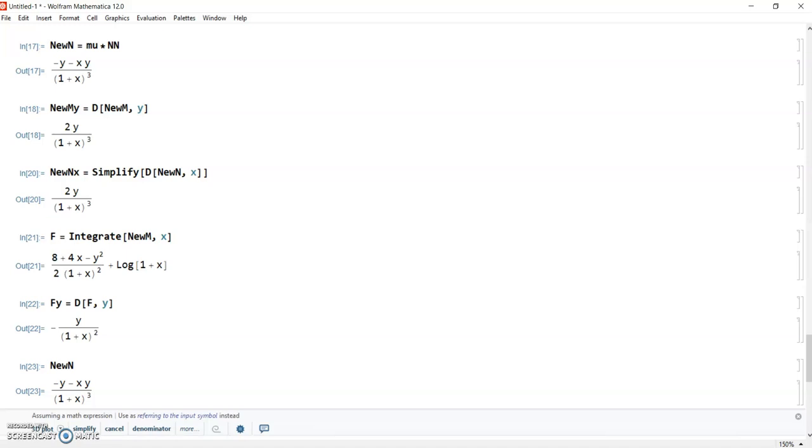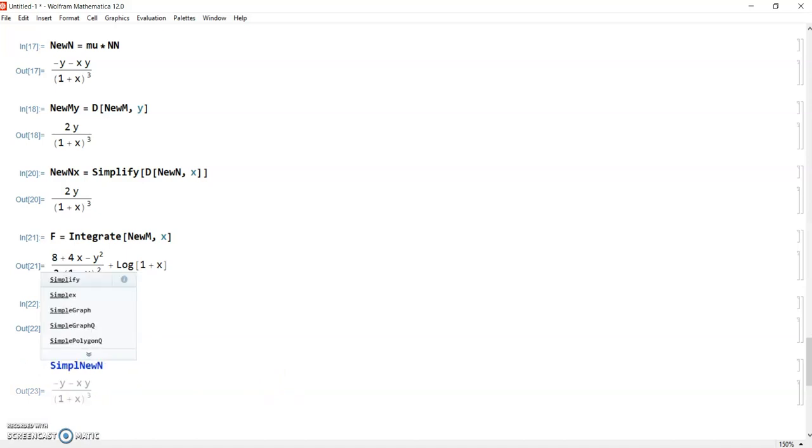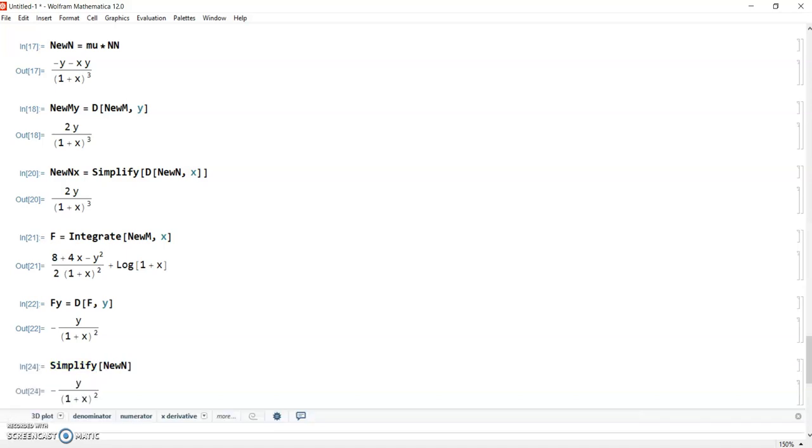Y is common, and then on the top it is 1 plus x. So this needs to be simplified. Okay, I should have simplified it before. Simplify new N. So it is minus y over 1 plus x square.